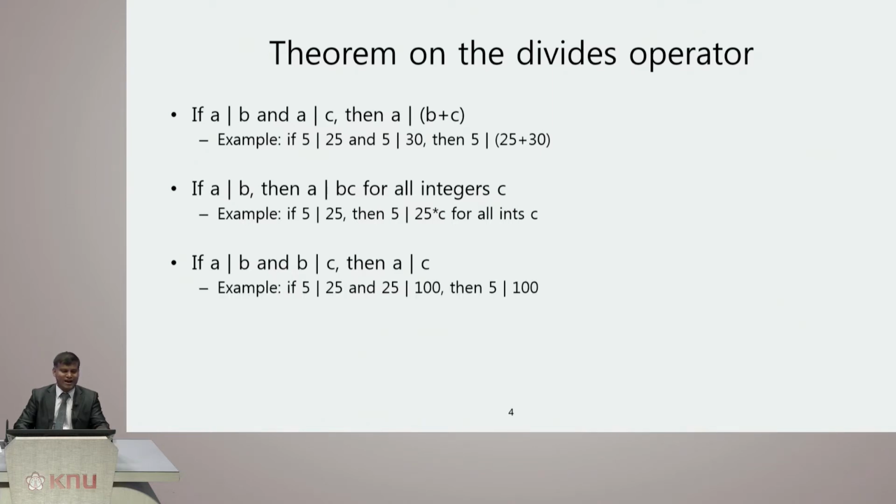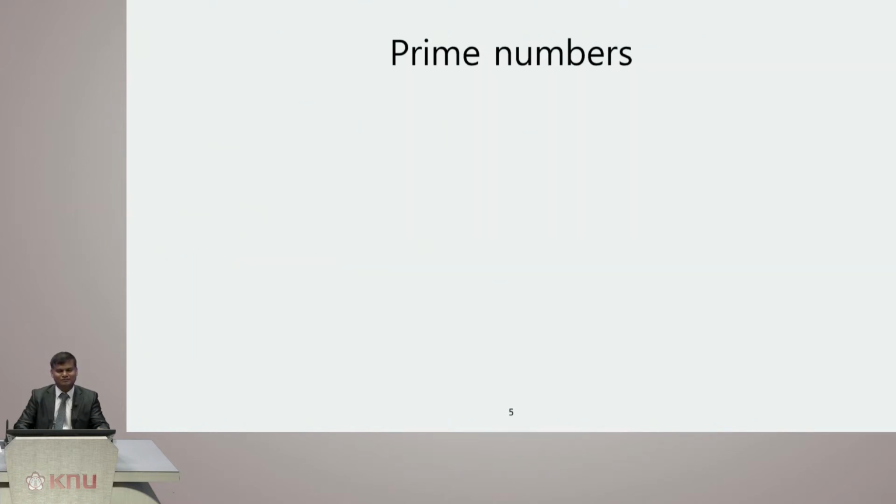Here it is. 5 divides 25 and 25 divides 100, then 5 divides 100. That's quite easy for us to follow.